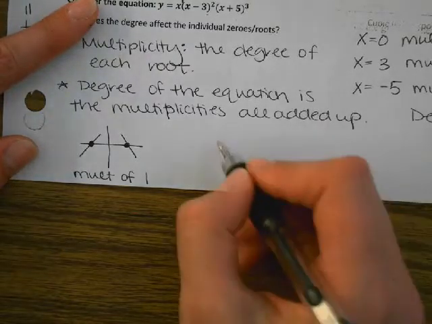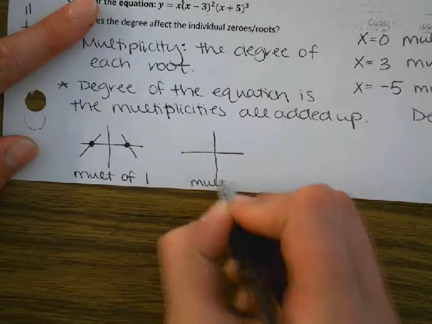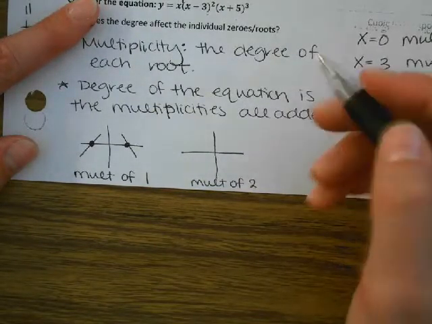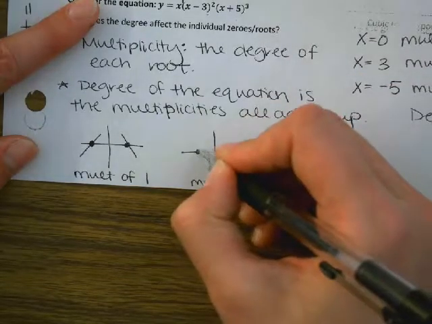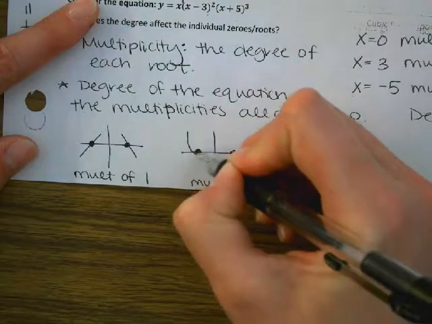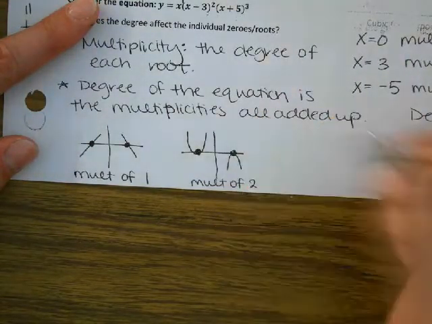So if it curves a little, like when x equals 3, yes, it's a multiplicity of 2, so it would curve a little at the x-intercept. If we look at this one, a multiplicity of 2 would have either a parabola sitting on top of the x-intercept or a parabola coming up from underneath the x-intercept.